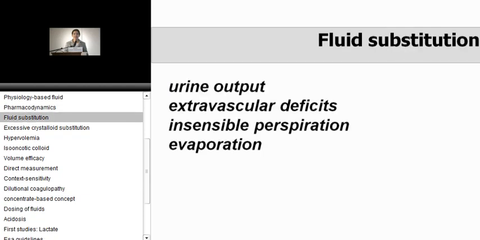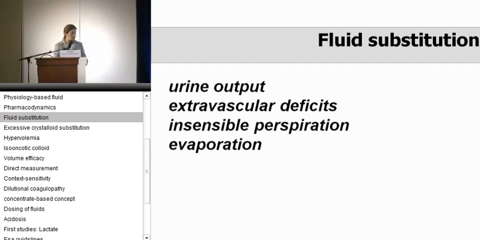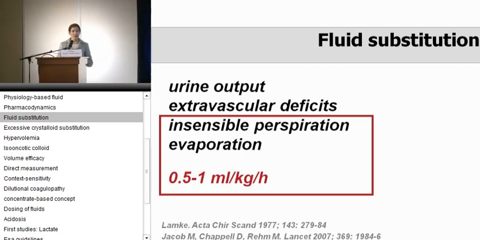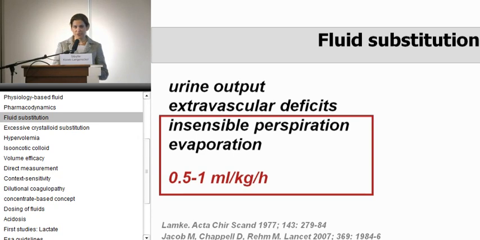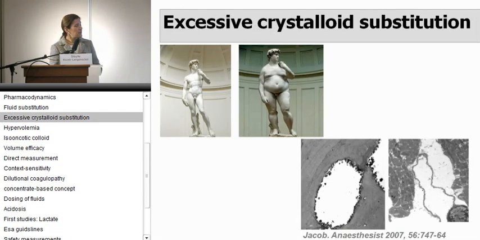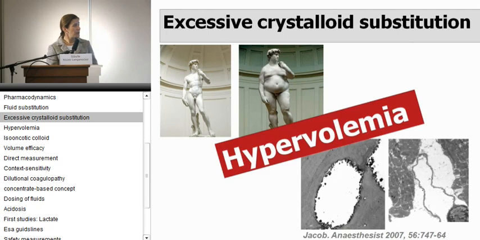We can use them for the ongoing fluid substitution that might be required for urine output, for example, but in the perioperative setting, in the elective setting, we know that these losses amount to up to 1 milliliter per kilo per hour. This is not much. If we give more than that, and it has been mentioned earlier, it's not only a cosmetic problem, it's more than that.